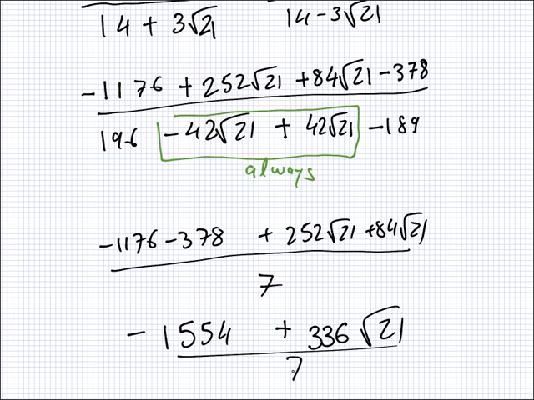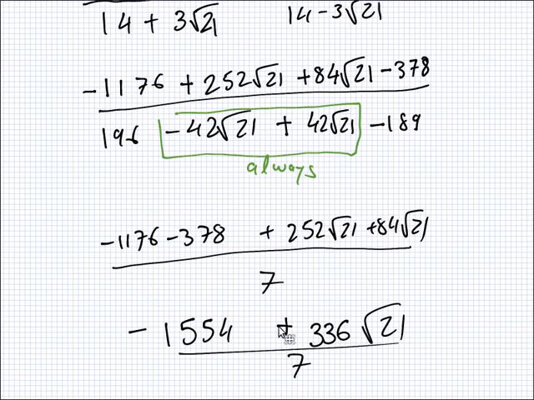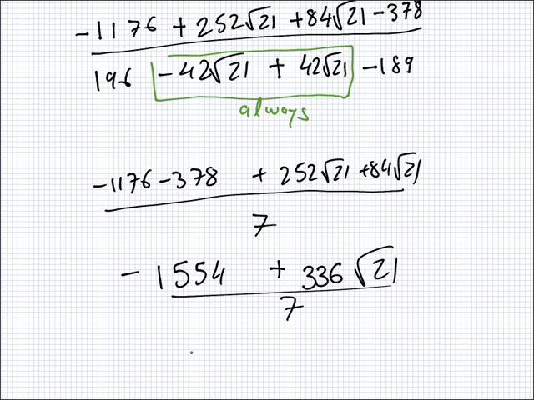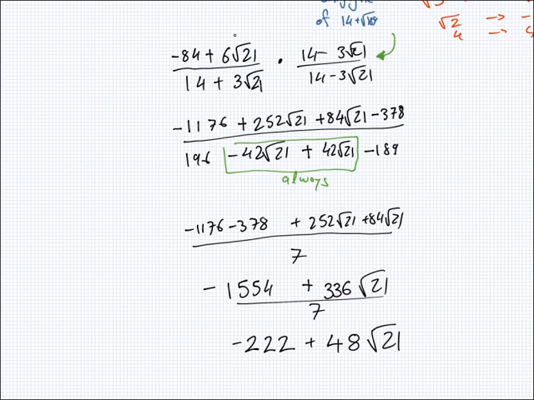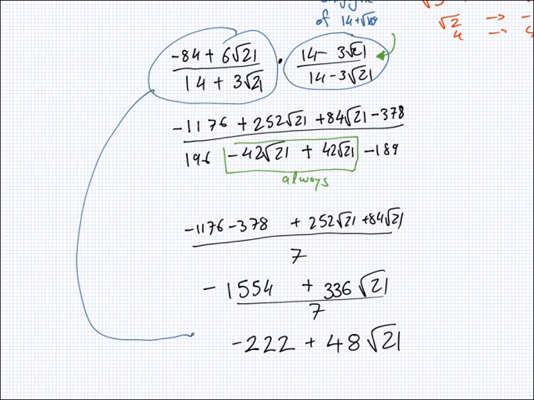I'm willing to bet each of these can be divided by 7. So 7 into 1554 will be minus 222, and 7 into 336 root 21 will be 48 root 21. So by multiplying by this conjugate, we're able to simplify our answer into this here. Now we'll do another example. It's a little bit tricky, so write that one down as our first example.